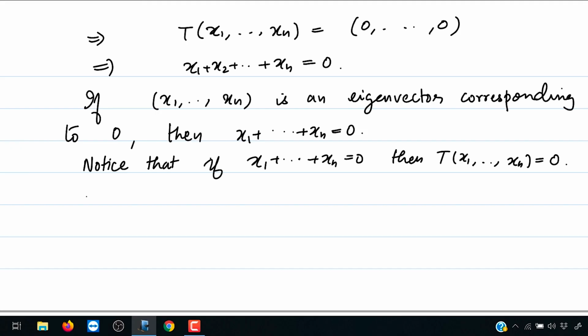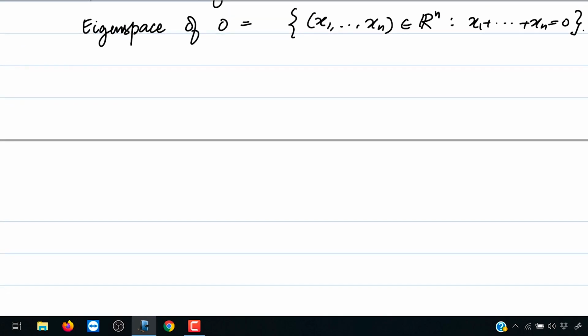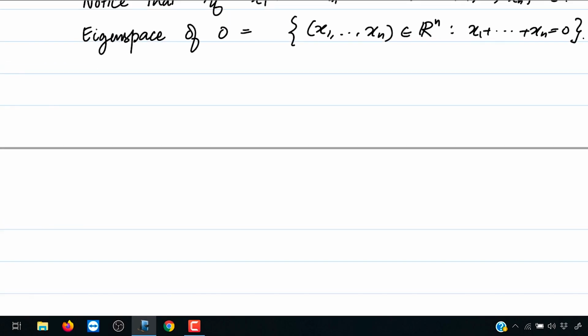So yes, the eigenspace of 0 is the set of all (x1 to xn) in Rn such that x1 plus x2 plus up to xn is equal to 0. So, we know that this is an n minus 1 dimensional vector space. Okay, so that is when lambda is equal to 0.